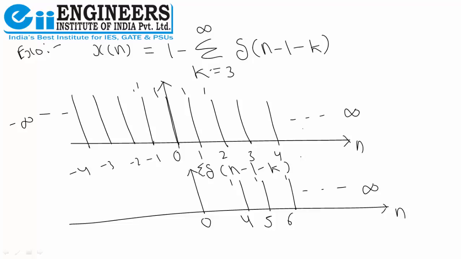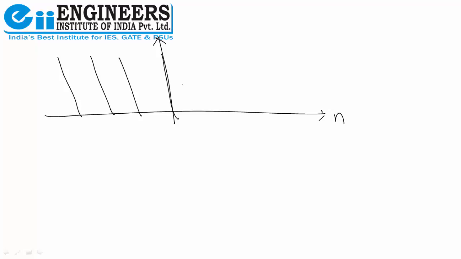So your x of n will have values from minus infinity to 3. So this is your x of n.